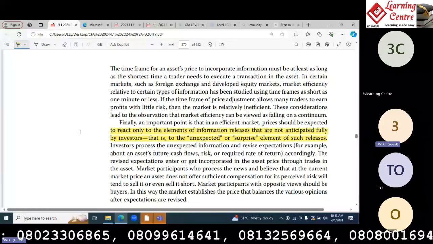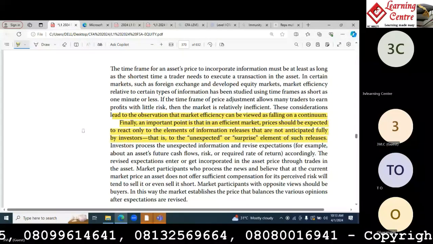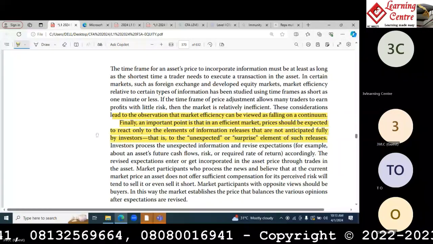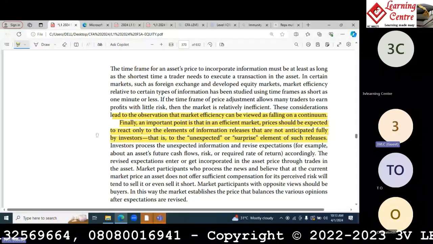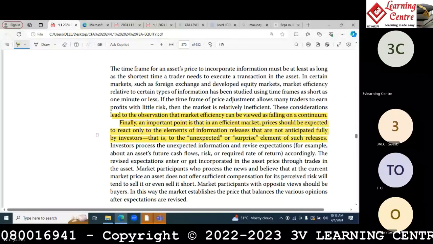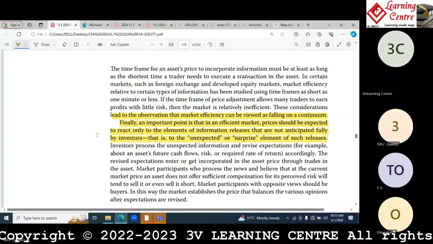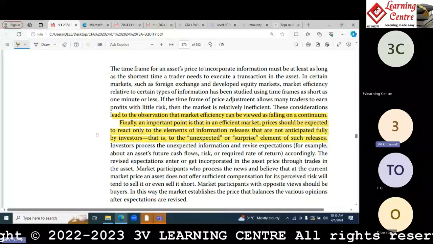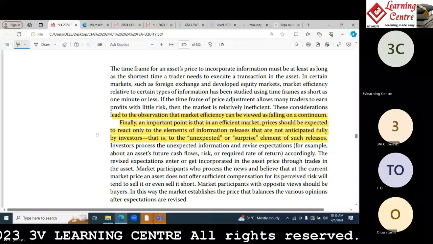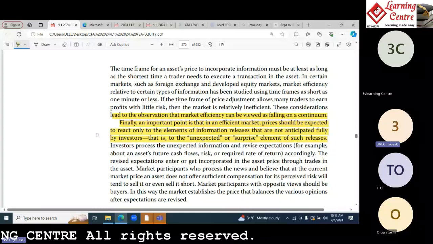Now, what do we mean by this? Let me explain. All this is assumptions. There's an assumption that investors are rational. There's an assumption that investors consider all available information before they make investment decisions. Before I buy a stock, I consider all available information.